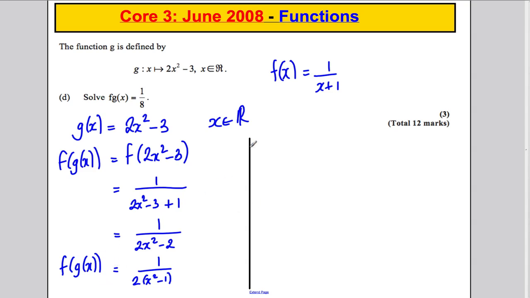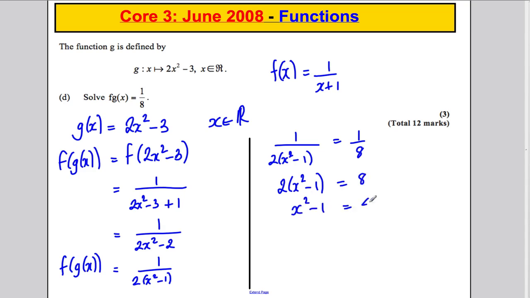We're asked to solve f of g of x is an eighth. So what we're asked to solve is 1 over 2x squared minus 1 is an eighth. Okay, so we can flip both fractions and state that 2x squared minus 1 must therefore equal 8. We can divide both sides by 2.